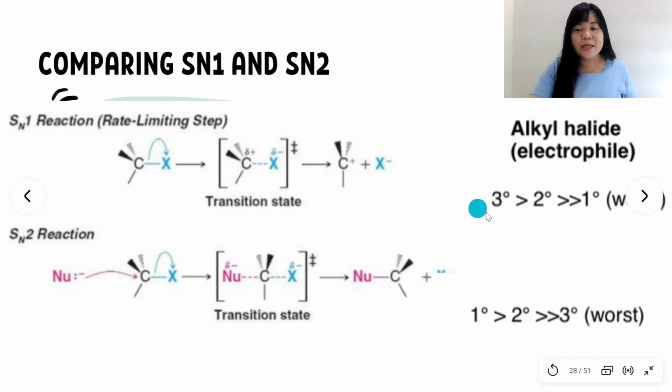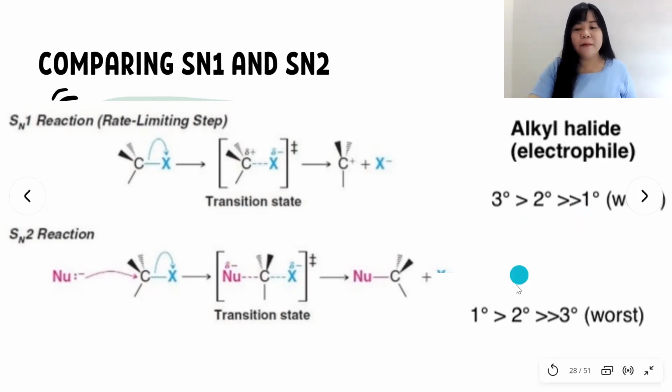So why is it that tertiary alkyl halides are more likely to undergo SN1? Again, that's because the first step in an SN1 reaction is the formation of carbocations. Therefore, tertiary alkyl halides produce more stable carbocations and therefore react faster compared to primary alkyl halides.